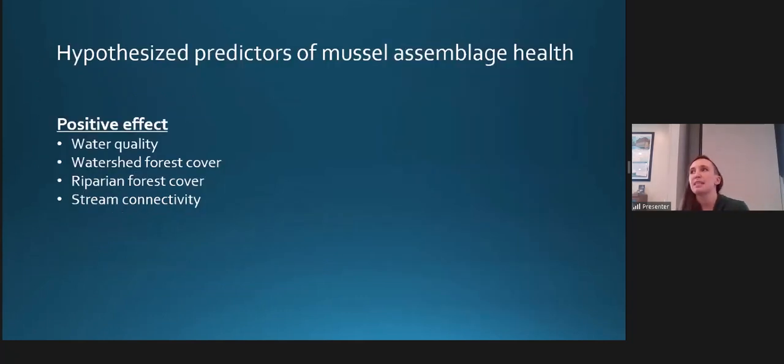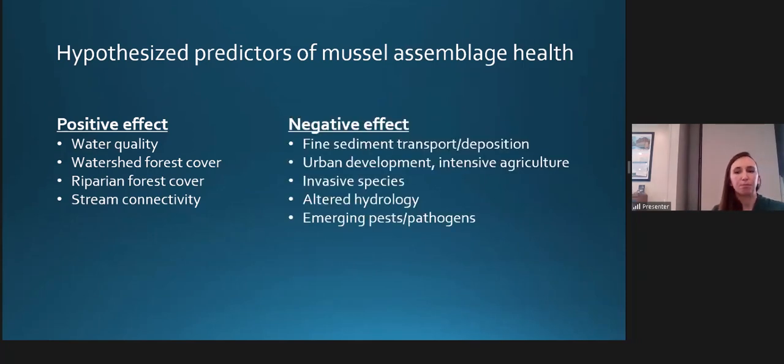We have some hypothesized predictors of what healthy mussel assemblage should be associated with. So we expect that watersheds that have higher water quality, higher watershed forest cover, higher riparian forest cover, and higher stream connectivity will be associated with mussel assemblages that are in healthier conditions.